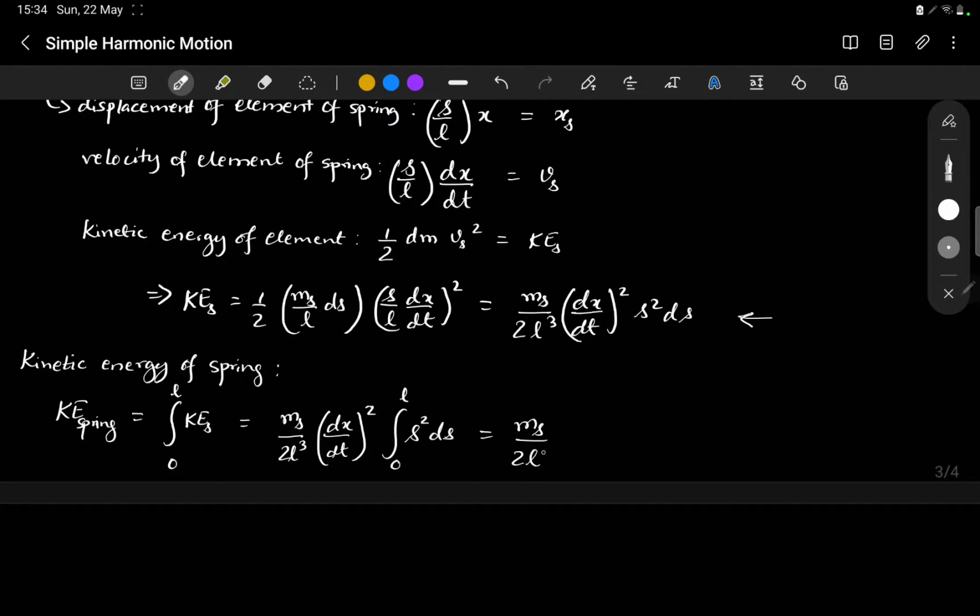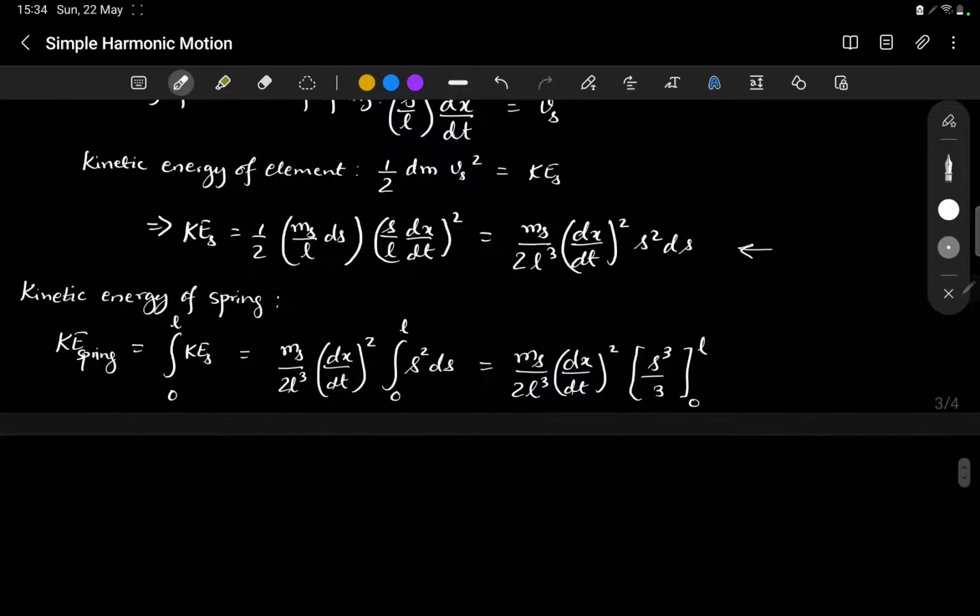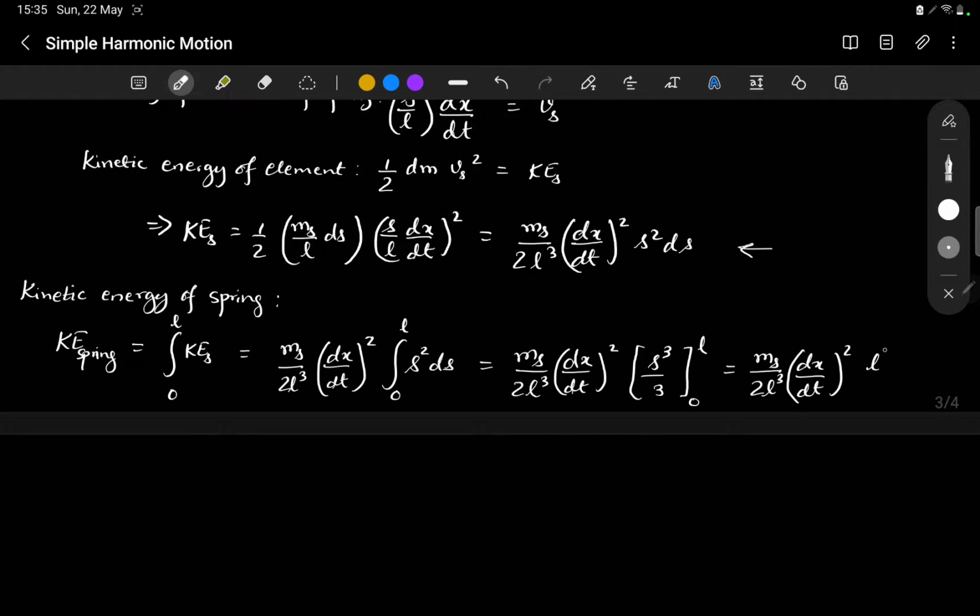It is a simple integral. L cubed gets cancelled.